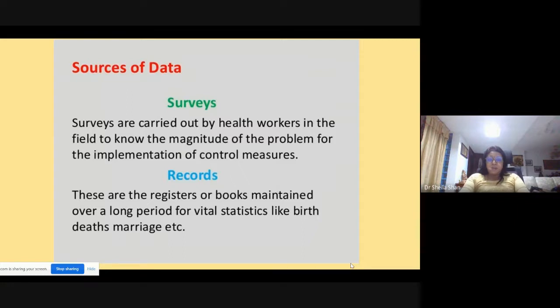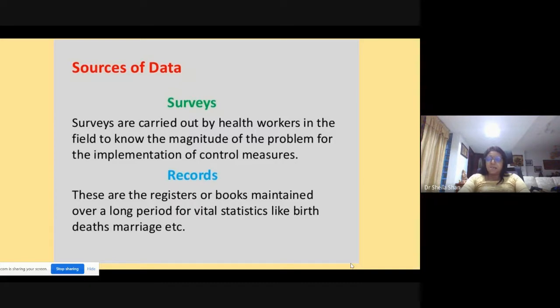So how do you get your data? Maybe you get it through a survey. Surveys are carried out by health workers in the field to know the magnitude of the problem for the implementation of control measures. Now, as we can see, our pandemic, COVID, a lot of surveys are going on, not only in the field of medicine, but also in psychology and education, on how much this pandemic has affected the quality of life of Malaysians, for example, or the total population in the world.